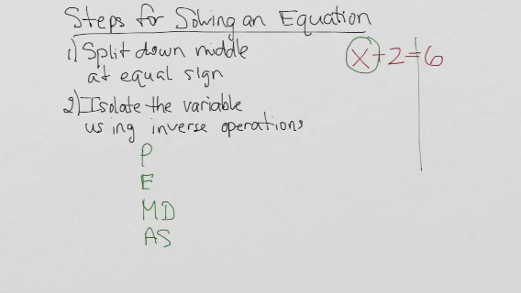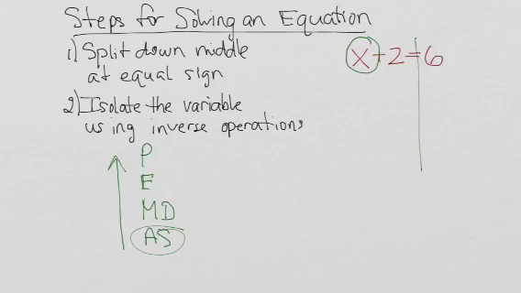So we're going to get that variable by itself by using what are called inverse operations. This word inverse means the same thing as reverse. Go backwards, go the opposite way. So we have the order of operations, and we are going to actually go the opposite direction, which means we're going to start down here.